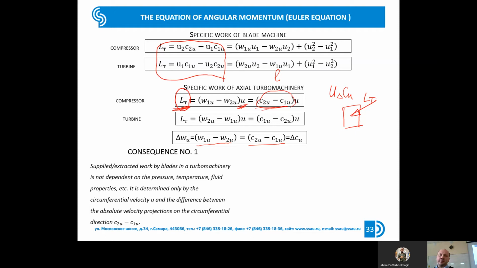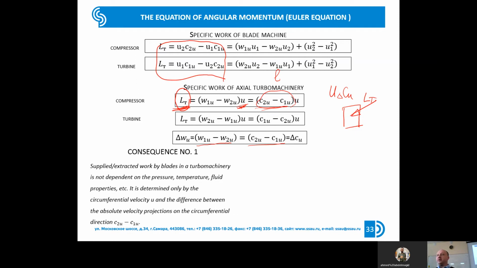They think it could depend on the pressure difference, on the properties of the fluid, on the moon phase, on, I don't know, your health at this moment. It doesn't. It depends only on two things. The second idea: if we speak about the turbine, the expansion energy, the energy you receive during the expansion process, depends on the temperature and pressure ratio.